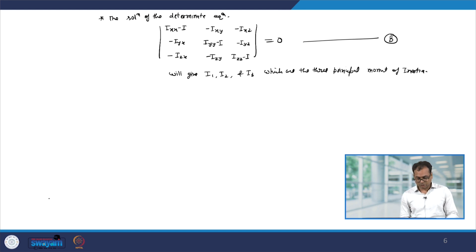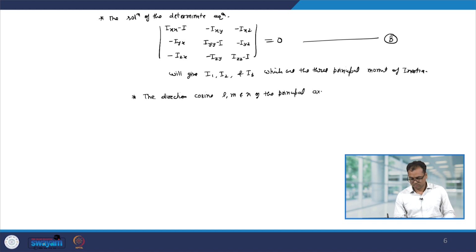Now, the direction cosines L, M and N of the principal axis are given by, so first of all this L, M and N, they will satisfy the relation, you know that L square plus M square plus N square equal to 1.